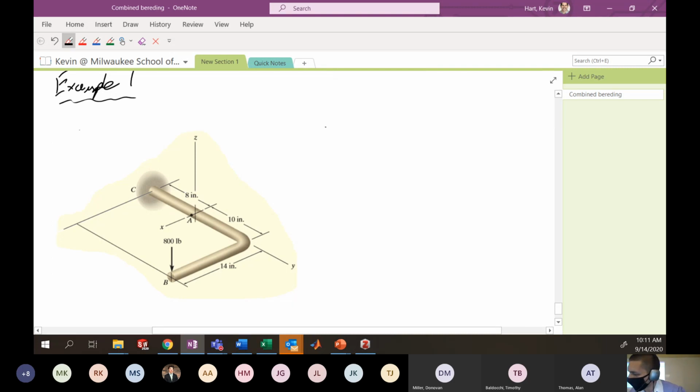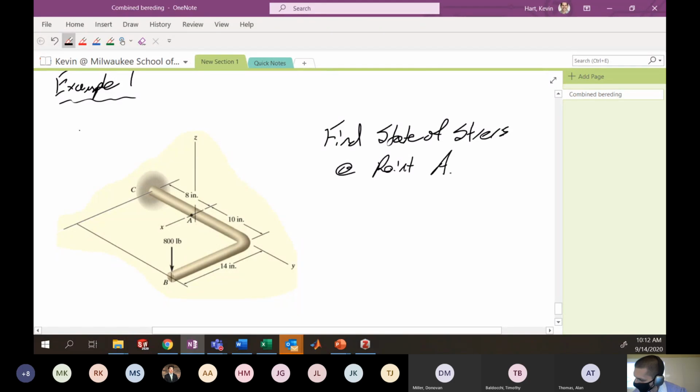And what we're looking for is the state of stress at point A. Okay, and for clarity, here's point A. And here's point B, where we're applying this 800-pound load.